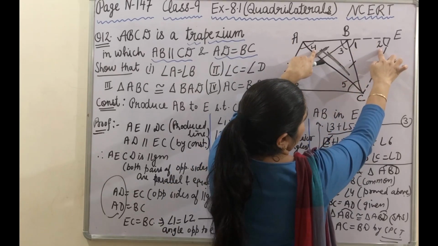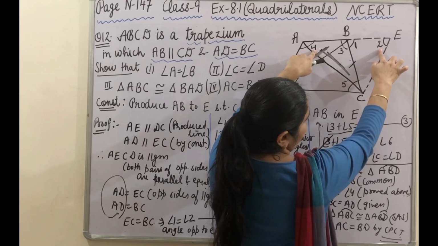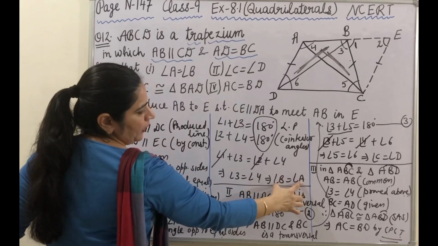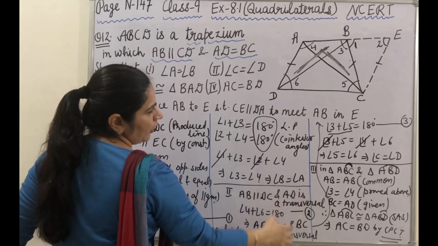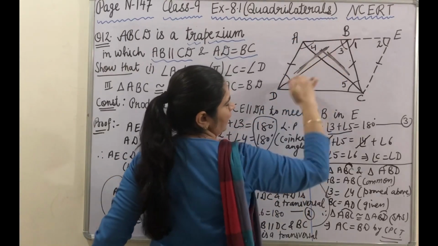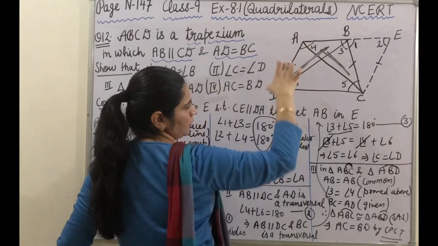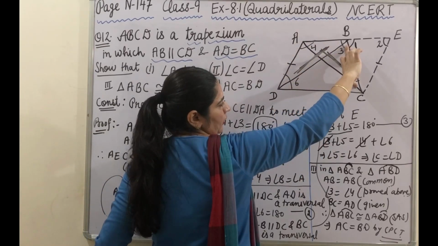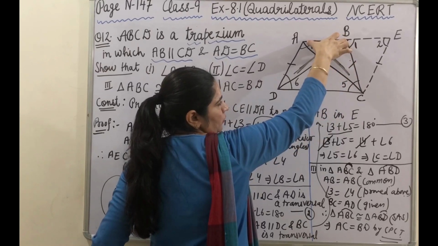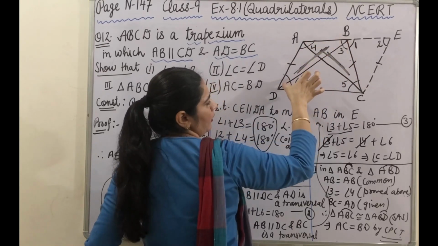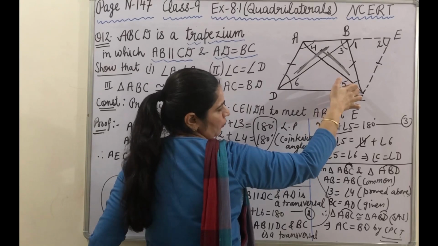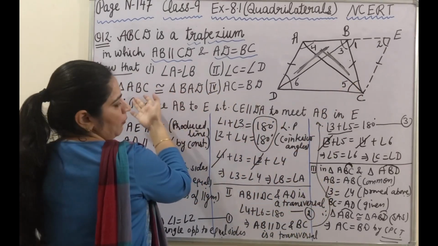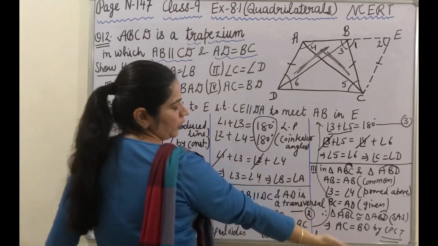Co-interior angles are supplementary, and after doing the comparison, angle A is equal to B, and the same result we have used because these two lines are parallel. This is a transversal, so these two are 180 degree, these two are 180 degree. Already angle 3 is equal to 4 we proved, and here it will be 5 is equal to 6, and in the last one it was the requirement of congruence, and we proved the congruence.